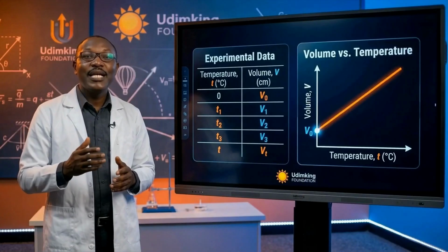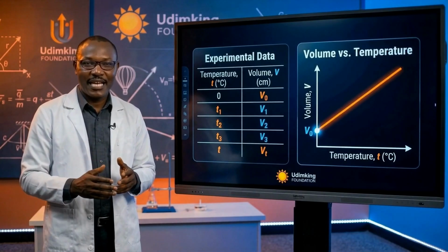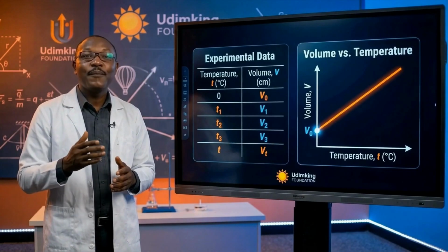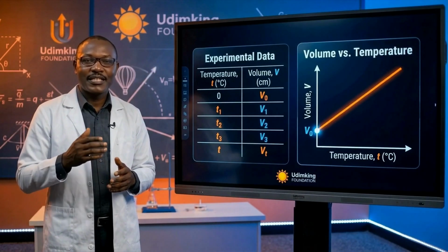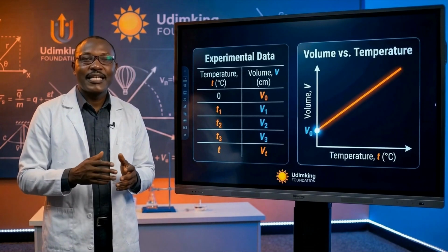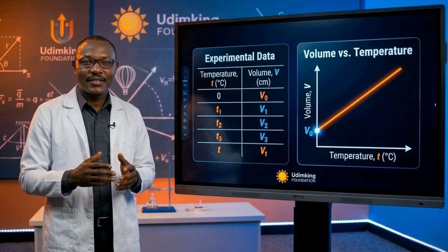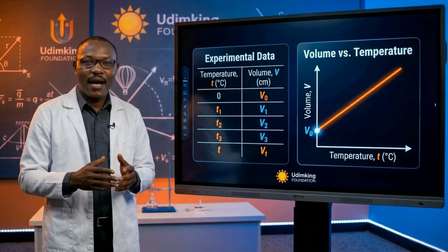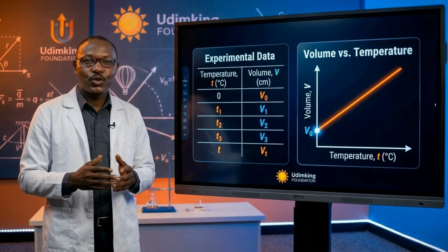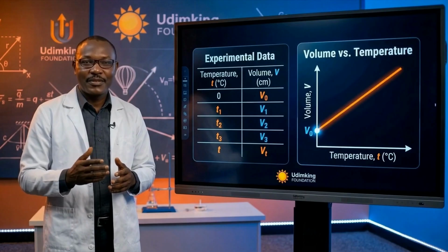If we record our readings at regular intervals, we get a beautiful, orderly table of values like the one appearing on your screen. In the first column, we have temperature, represented by a small letter T measured in degrees Celsius. It starts at 0 and progresses through temperature T1, T2, T3, up to any arbitrary final temperature, T. In the second column, we record our corresponding volumes measured in centimeters of length.